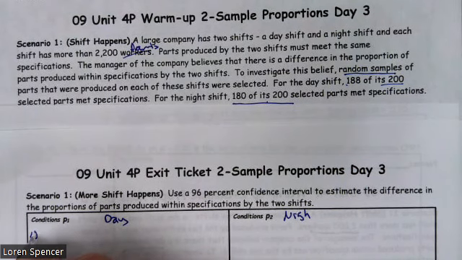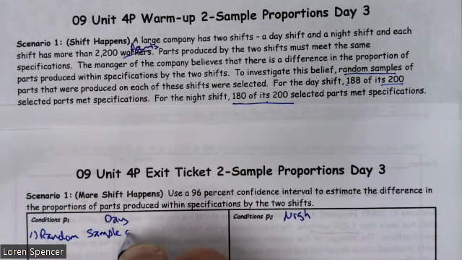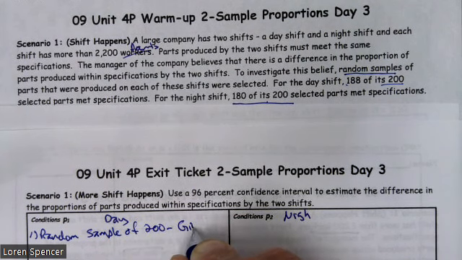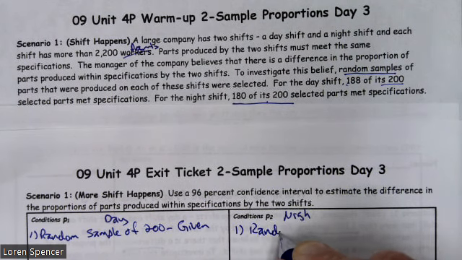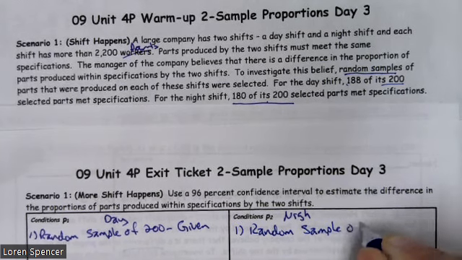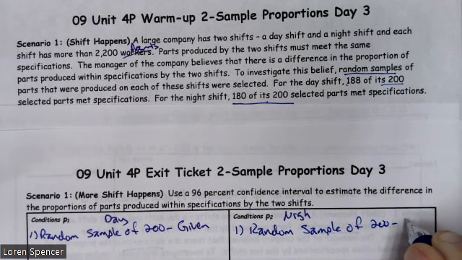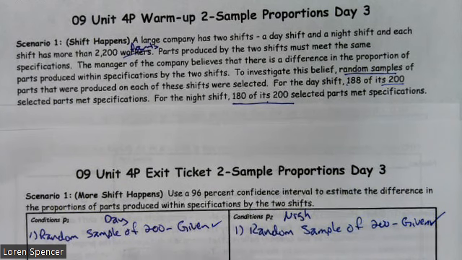So we have a random sample of 200, and that was given. And for the night shift, we also have a random sample of 200, and that was given. So both of those take care of the random condition.